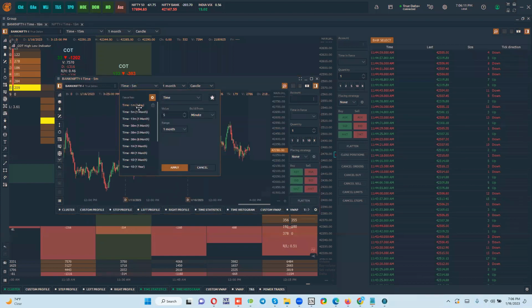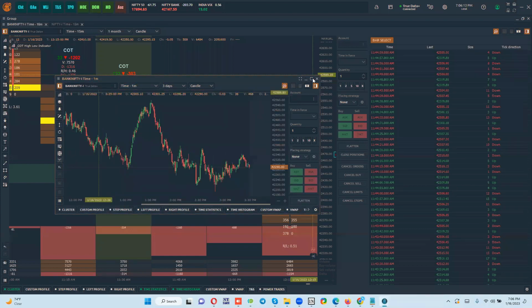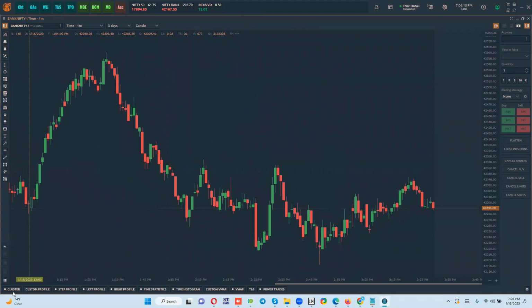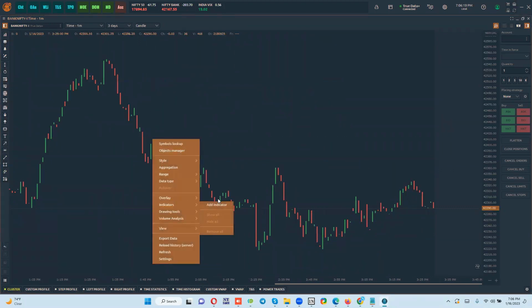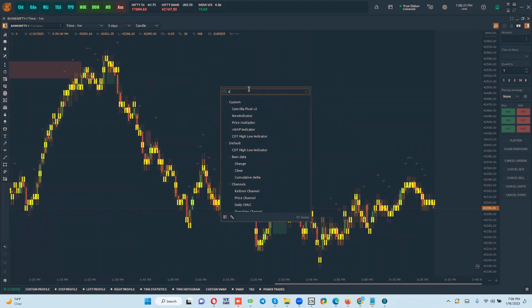Instead of 5 minutes, I will do a 1 minute interval, enable this data and add an indicator.